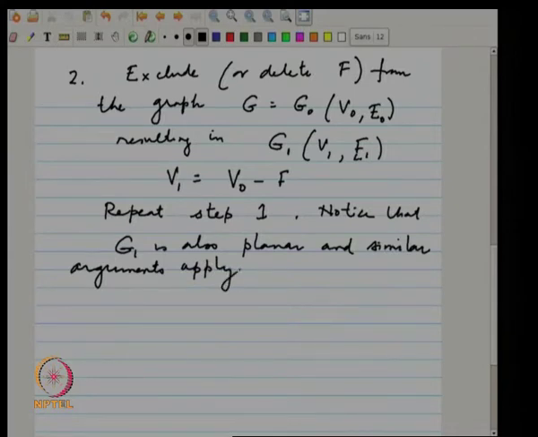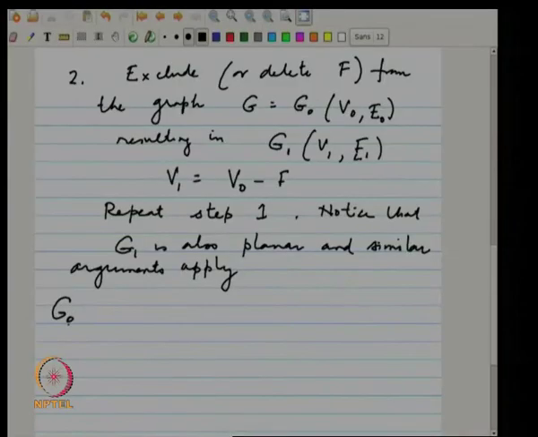We can again pick a fractional set using the same argument and the same procedure, and you keep repeating this. What is happening? We started with some graph G 0, and then we threw away some vertices resulting in graph G 1. Then we threw away some more vertices resulting in graph G 2, and we continue. How long can we continue this process?